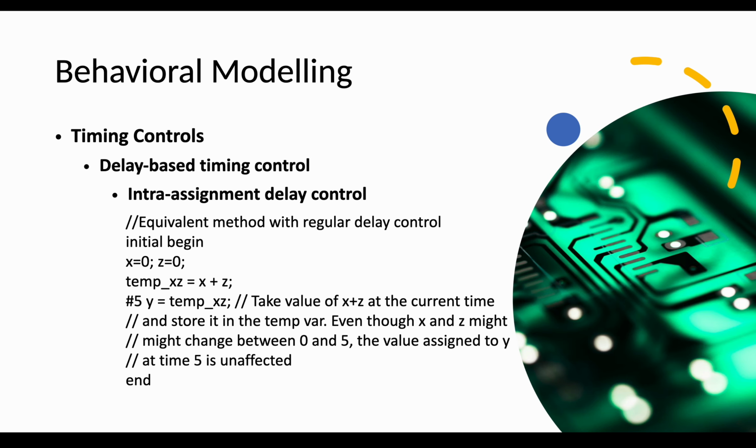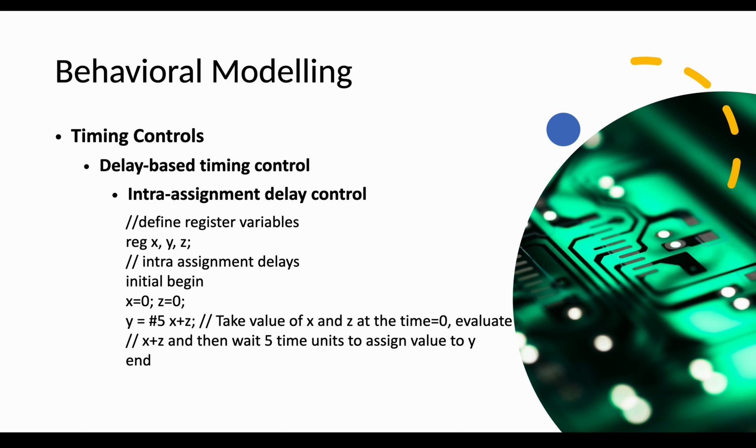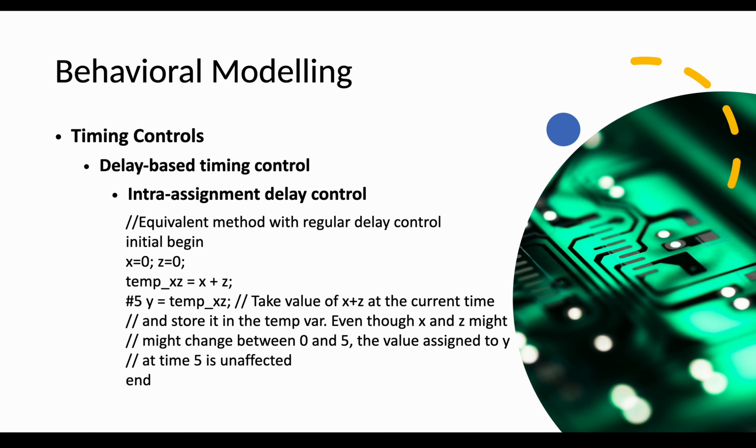Take the value of X plus Z at the current time and store it in the temporary variable. Even though X and Z might change between 0 to 5, the value assigned to Y at the time 5 is unaffected. It is the same as the previous code, but this is intra-assignment delay and this is regular delay.